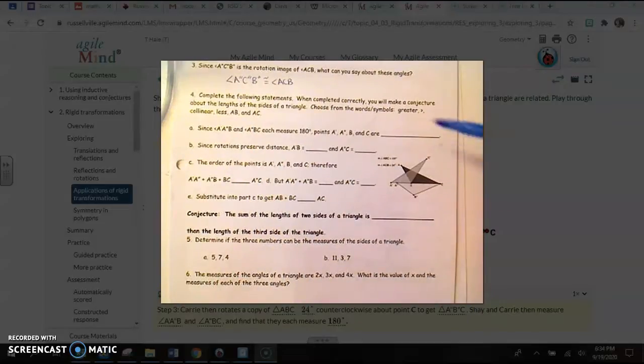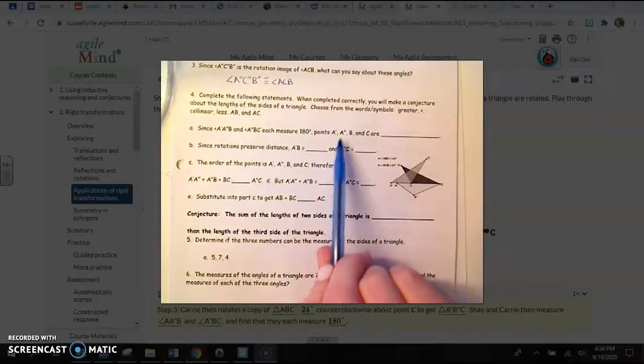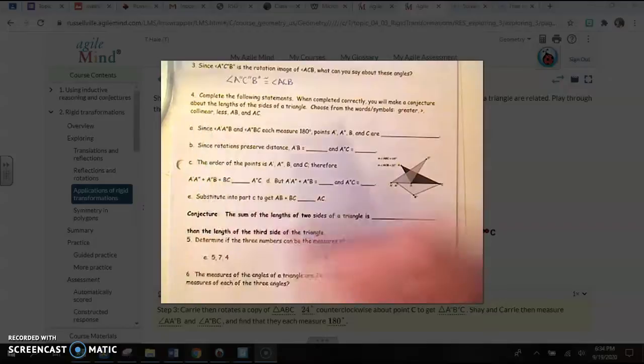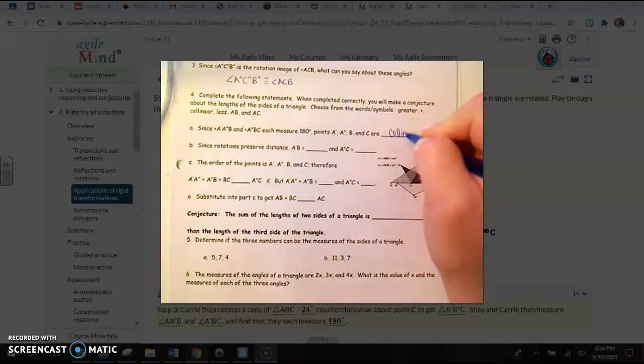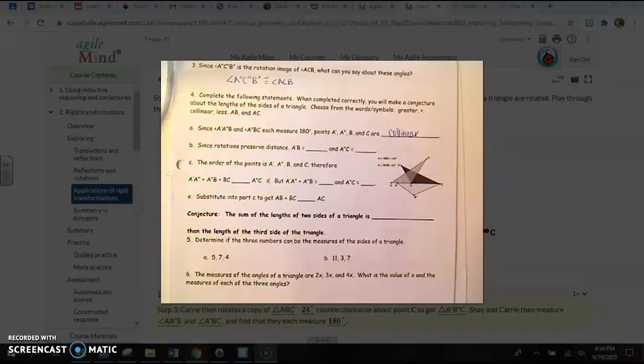In part A it says since angle A prime, A double prime, B, and angle A double prime, B, C, right here, so this angle and this angle each measure 180 degrees, we know that means these 4 points are all on the same line. And the word for that is collinear. So since these 3 points make up a 180 degree angle and these 3 points make up a 180 degree angle, all 4 of those points are collinear.